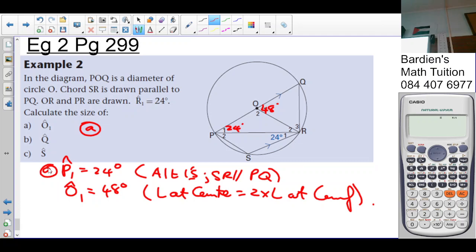Now they want you to calculate angle Q. How do you think you're going to calculate angle Q? Co-interior angles.